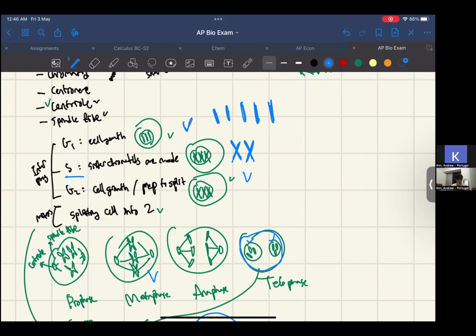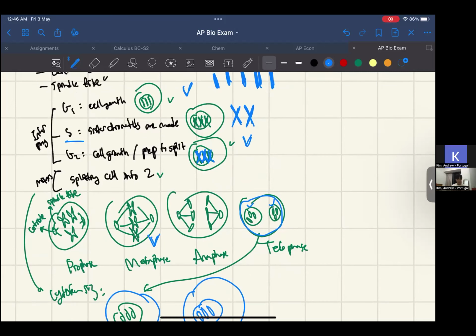So there's one checkpoint that checks, before making sister chromatids, whether each chromosome is healthy and worthy of making sister chromatids. The next checkpoint in G2 regulates so that before splitting, we're checking if this cell is worth splitting, right? Again, we don't want to split random disabled cells. So we check if these sister chromatids, these chromosomes, after being duplicated, are healthy and good and worthy of being split into two.